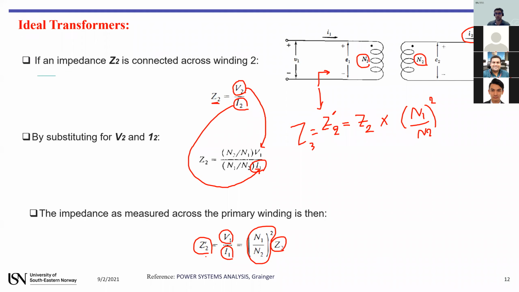It's not a derivative. Okay. But you're applying that last equation, where the impedance as measured across the primary winding is then that equation. Is it the same as what you write up there? Yes, it is. Okay.